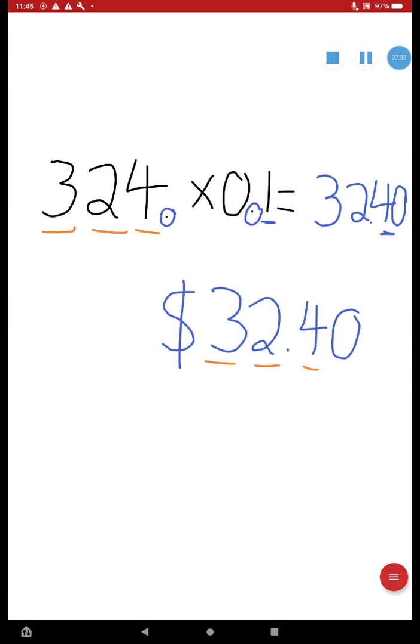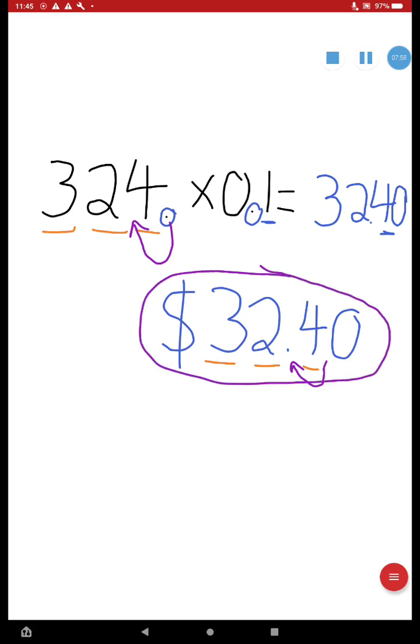When I multiply it by 1/10, it shifted one place. Okay? Went from here, shifted one place to move in between the 2 and the 4. And that has a big change because now instead of talking about $324, we're talking about $32.40. All right, put that into practice today on 4.7 class activity.